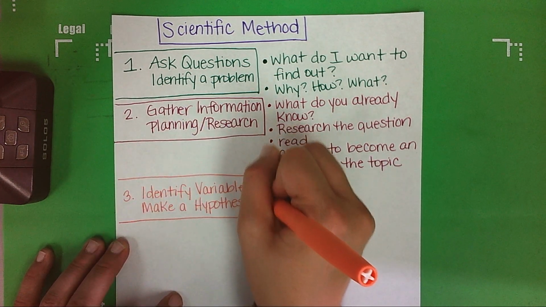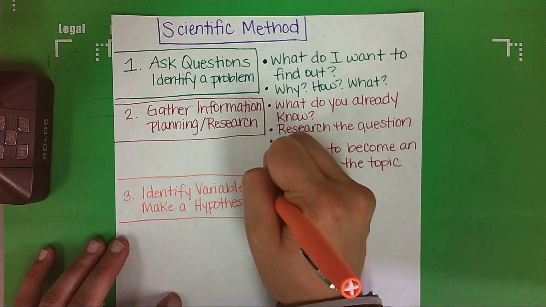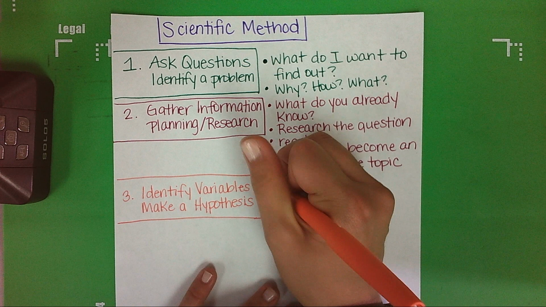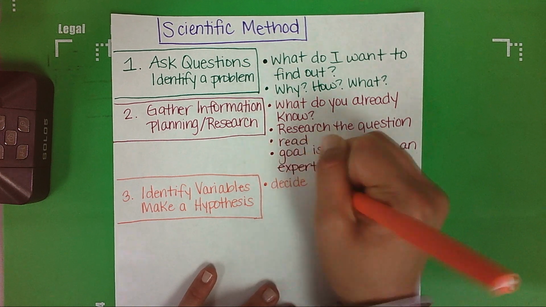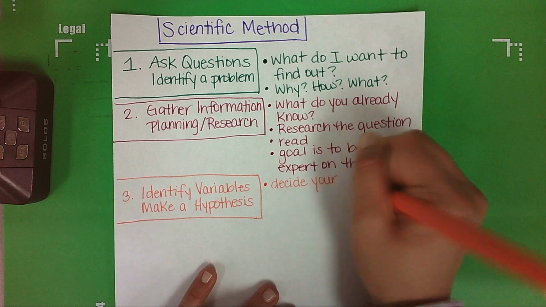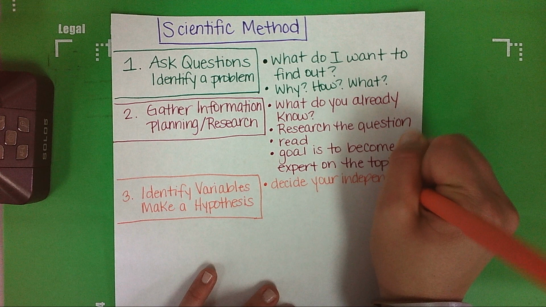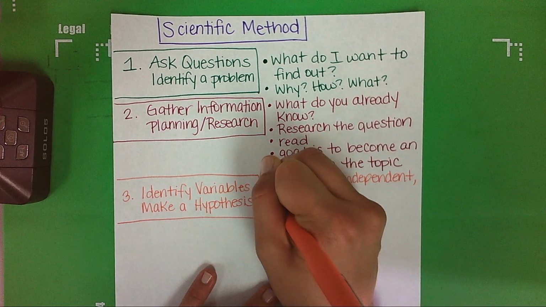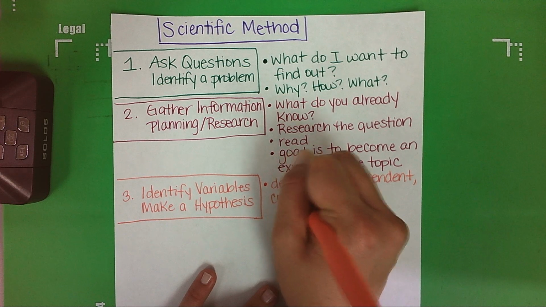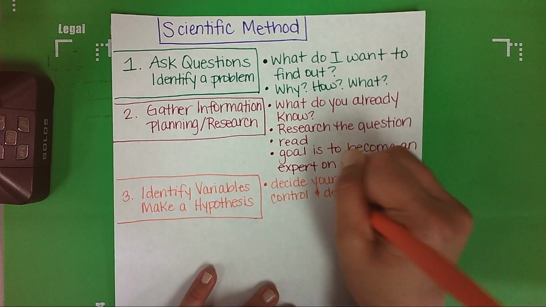You've done your research, you're ready to test it. Okay? So you're going to identify, decide your independent, your control and dependent variable.